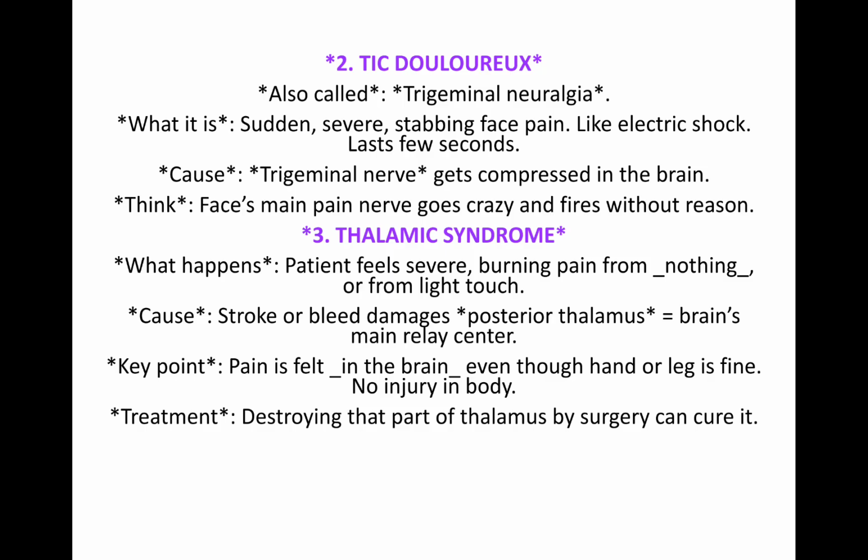Okay. Now, tic douloureux. What is tic douloureux? It is also called trigeminal neuralgia. It is a sudden, severe, stabbing face pain like an electric shock, and it lasts for a few seconds basically. The cause is that the trigeminal nerve gets compressed in the brain.